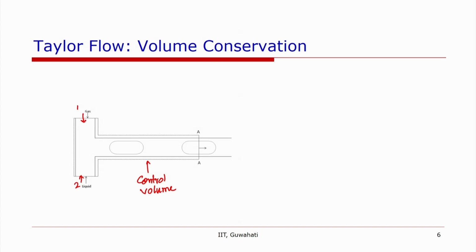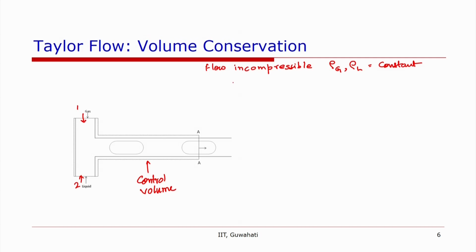One of the assumptions that we make here is that the flow is incompressible. So that means rho g and rho L are constants.